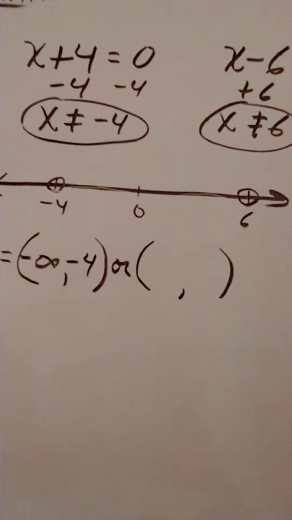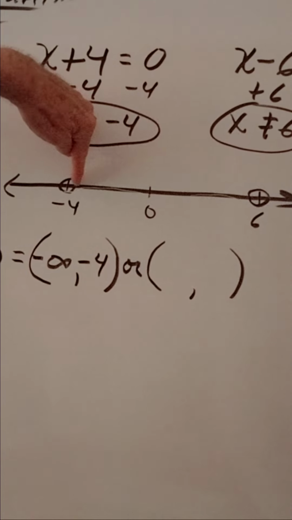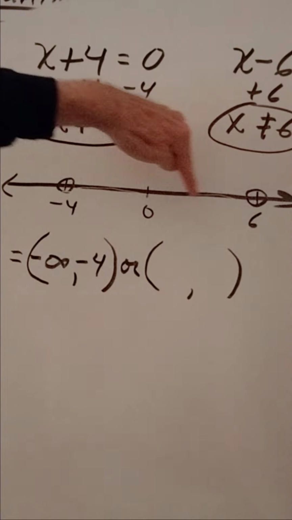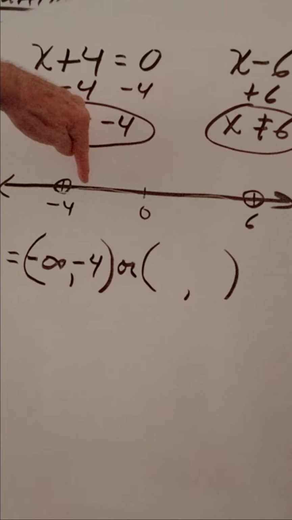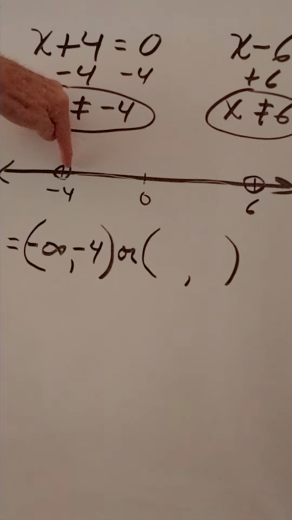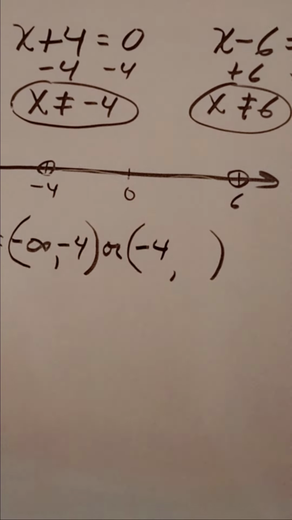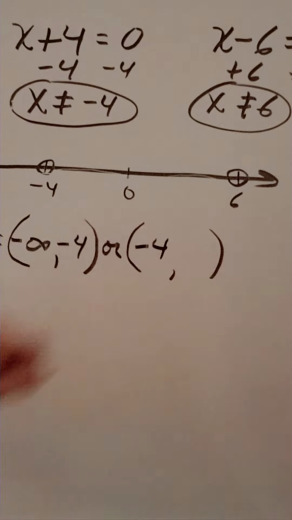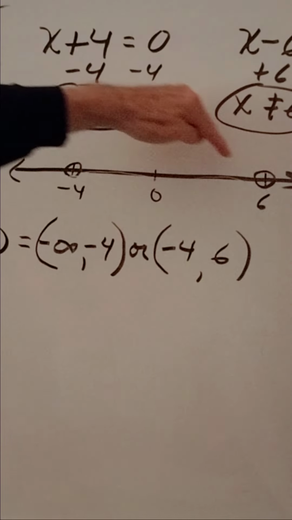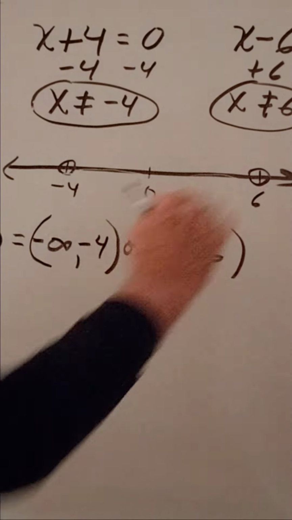parenthesis. Now we'll take all the real numbers in between those 2 excludable points. The smallest value is -4, and the largest value is +6. With the parentheses there, -4 doesn't count, 6 doesn't count, but all of these do.